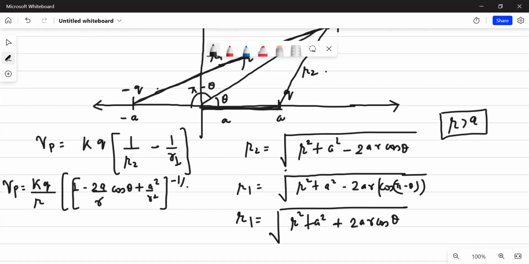And then again minus 1, I think that would be plus 2A over R cosine theta plus A square by R square, again raised to minus half.